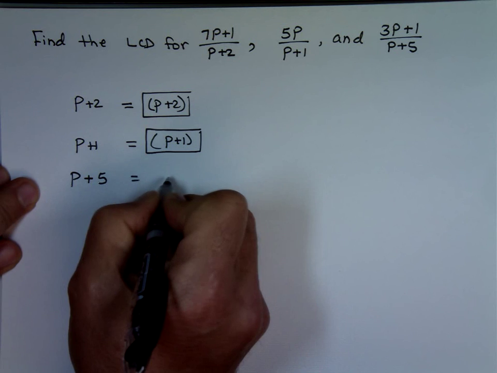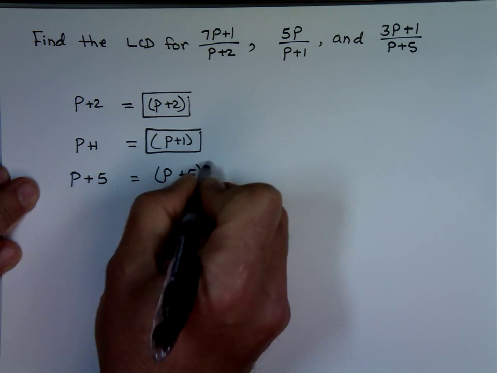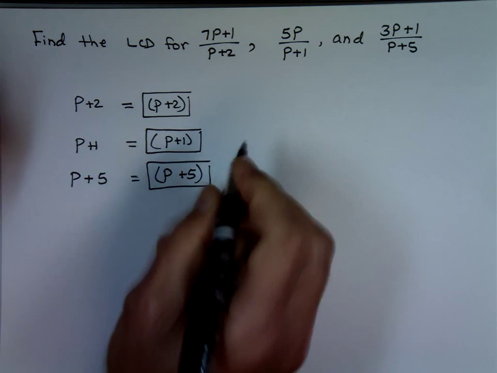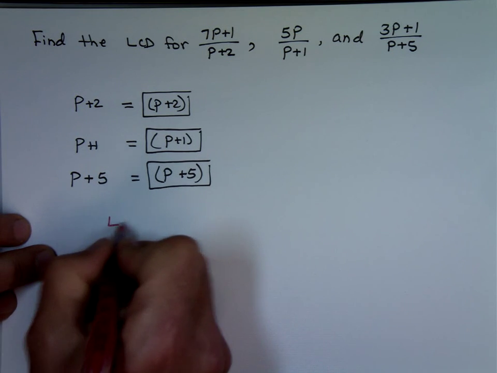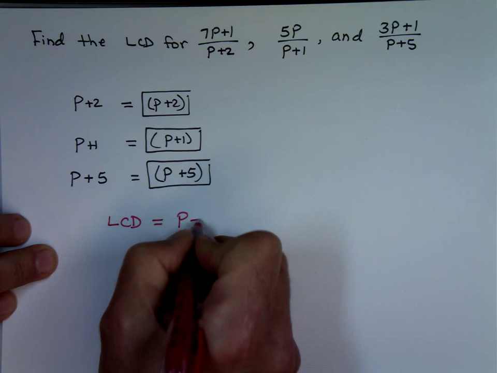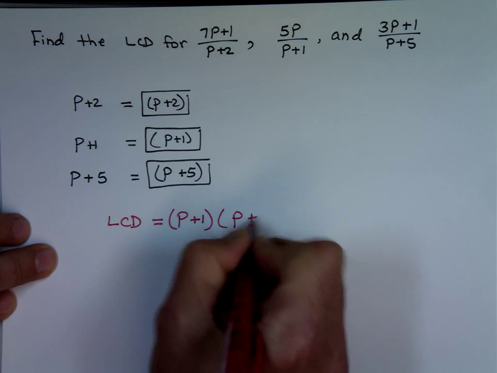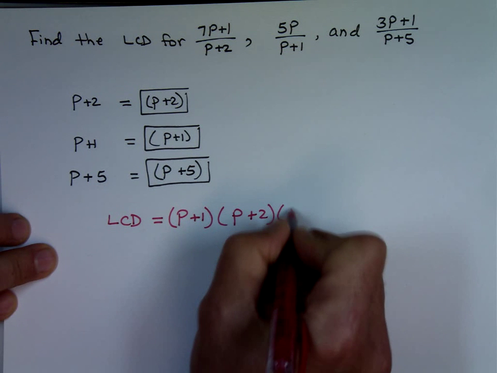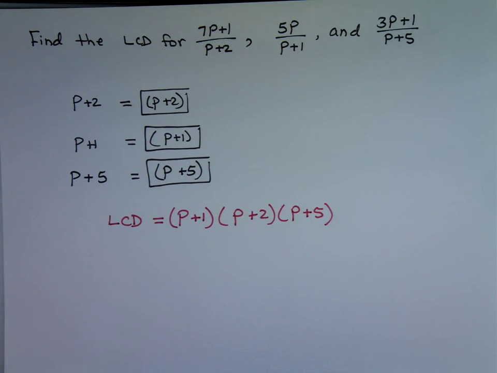P plus 5. You really can't simplify any of them. What's my LCD? It's the multiplication of all the different factors. So it's p plus 1, doesn't matter which one we write first, p plus 2, and p plus 5. So in this case, not much I can do.